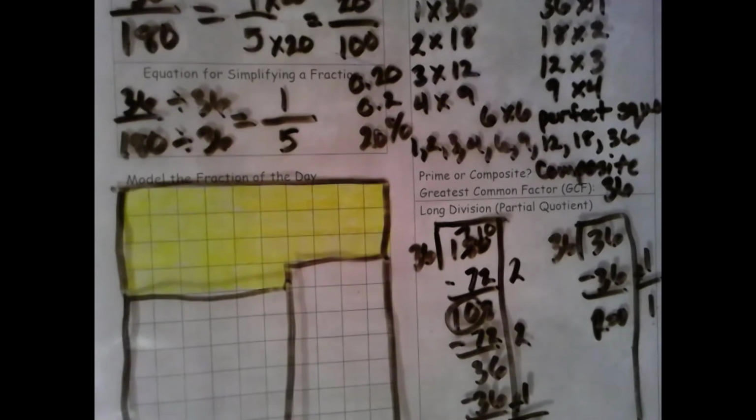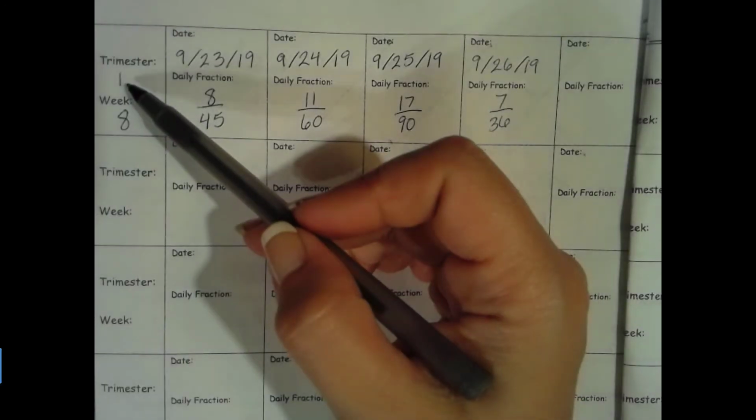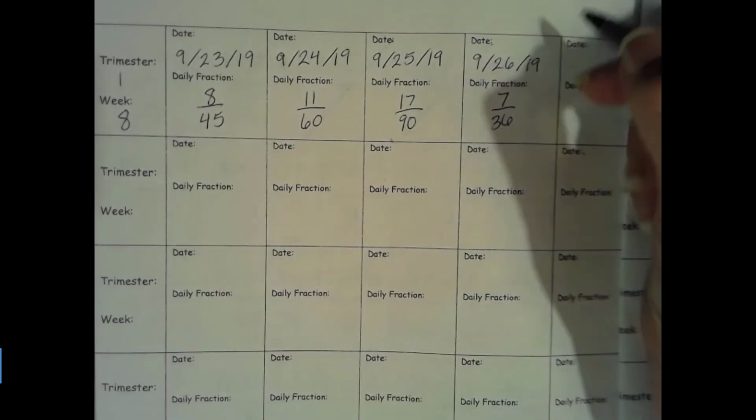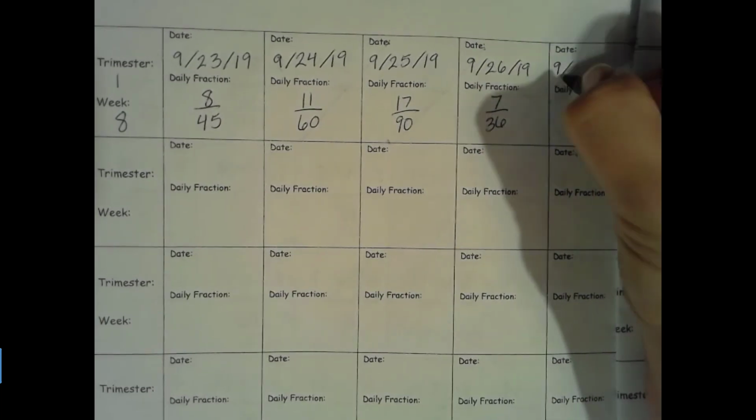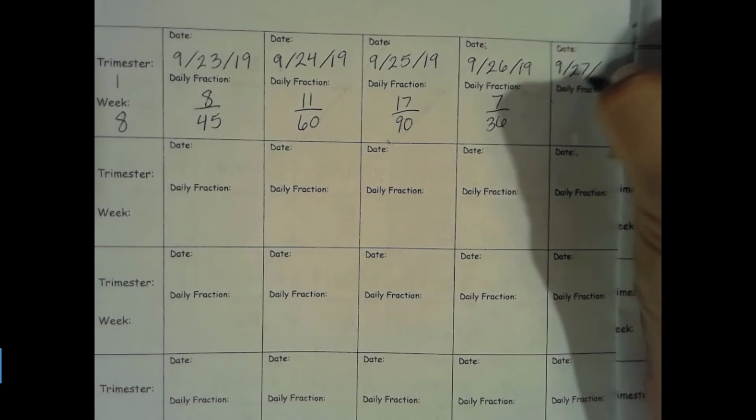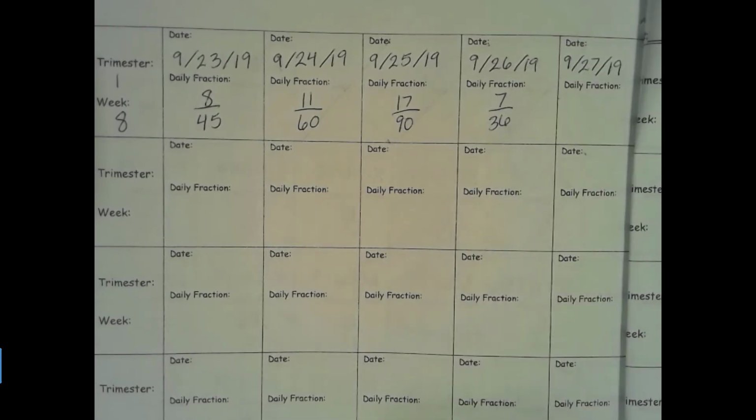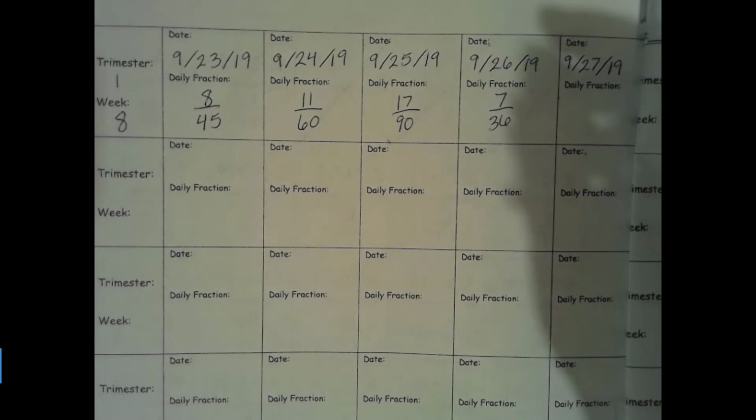Now let's go ahead and fill in our data collection page. Okay, trimester 1, week 8. Our date today is 9/27/19. Our fraction for today, gotta write it kind of small.